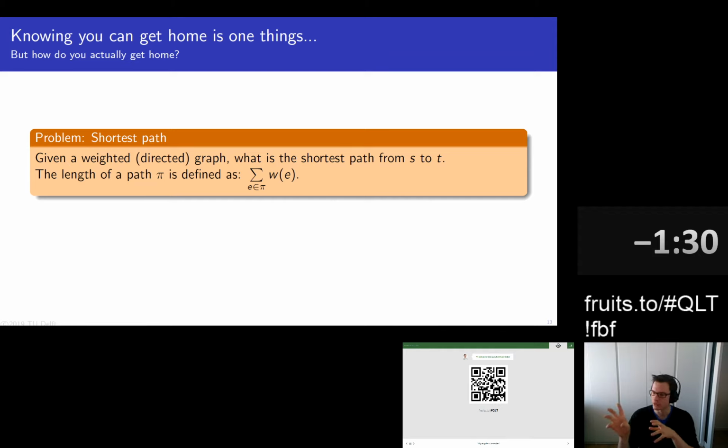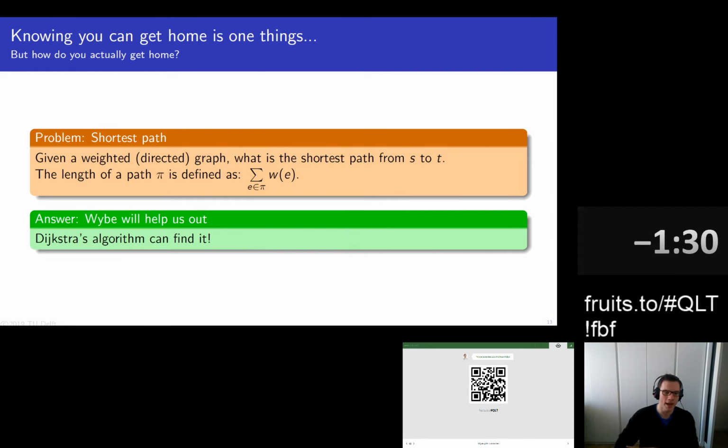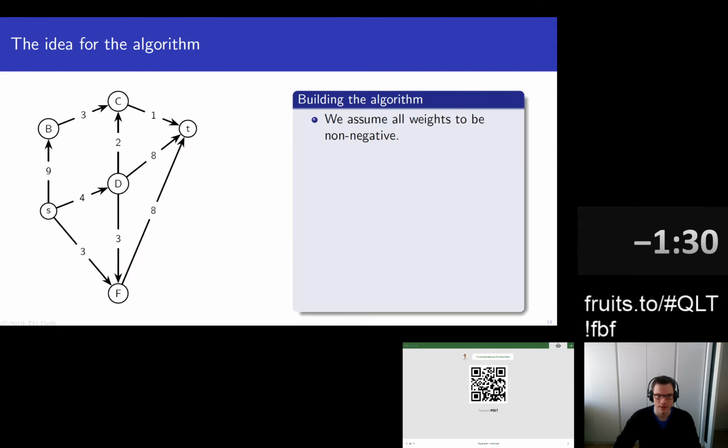Right, so if I have two nodes with an edge of weight 8 in between, and this is everything in my graph, two vertices, one edge, then the weight of the shortest path would be 8. And Dijkstra's algorithm can help us find this shortest path.